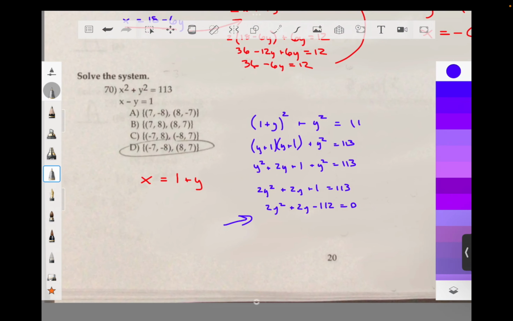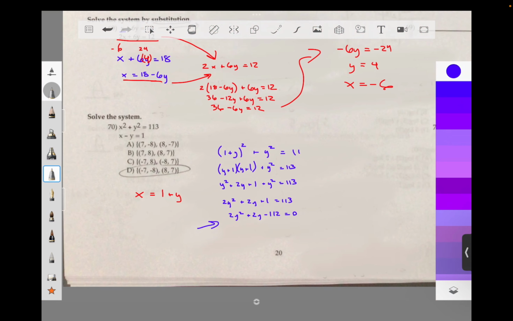Plug that into the quadratic equation to solve for y. Which apparently it's negative 8 and 7.